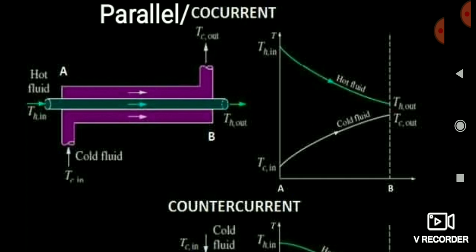And similarly for cold fluid it is TC in, meaning temperature of cold fluid at its inlet, and TC out, meaning temperature of cold fluid at its outlet. Friends, you understand this clearly.